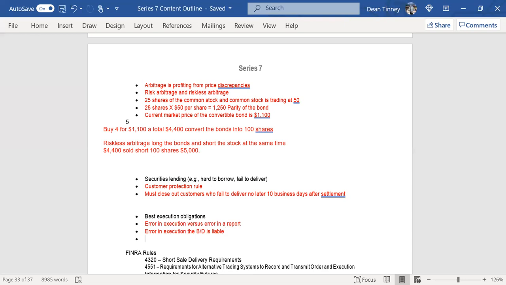That's on the broker-dealer. Error in report, the customer's obligated. So, I call you and I say, hey, Joe, I told you we bought that stock at 15, and then I just found out I made an error in that report to you. You paid 15.05. Now, if that happens too often, maybe Joe's going to get a new broker. But an error in a report, the customer's obligated.